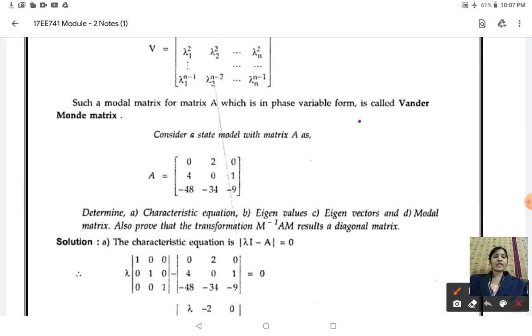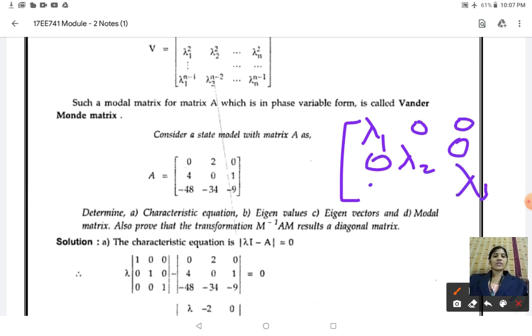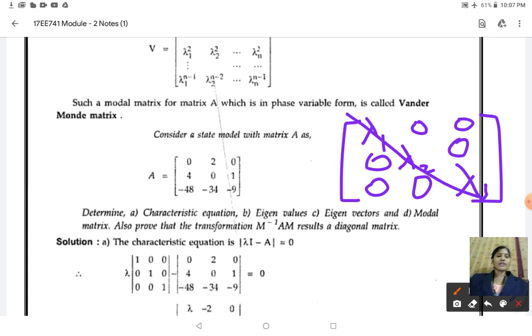Like this you will be getting your final answer: λ1, λ2, λ3 on the diagonal and 0 everywhere else. So all the eigenvalues you have obtained will appear at the diagonal. That is the answer, which also proves that the transformation M inverse AM results in a diagonal matrix.